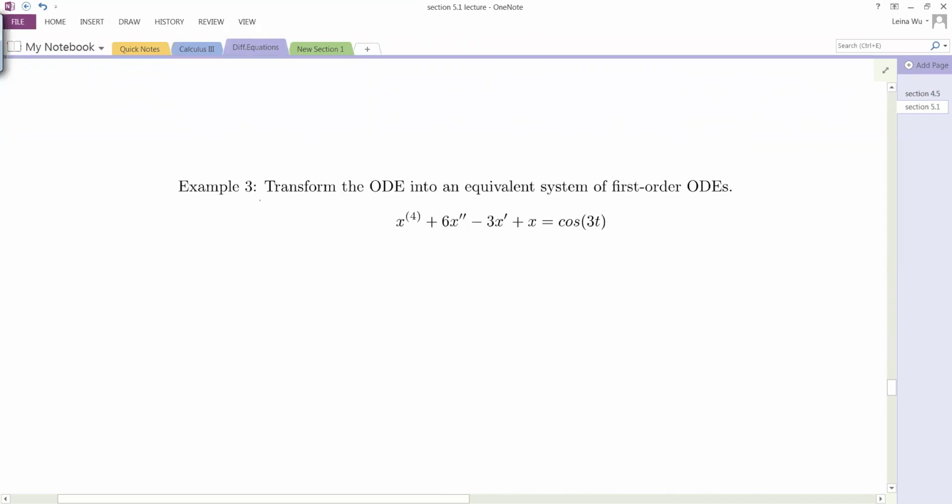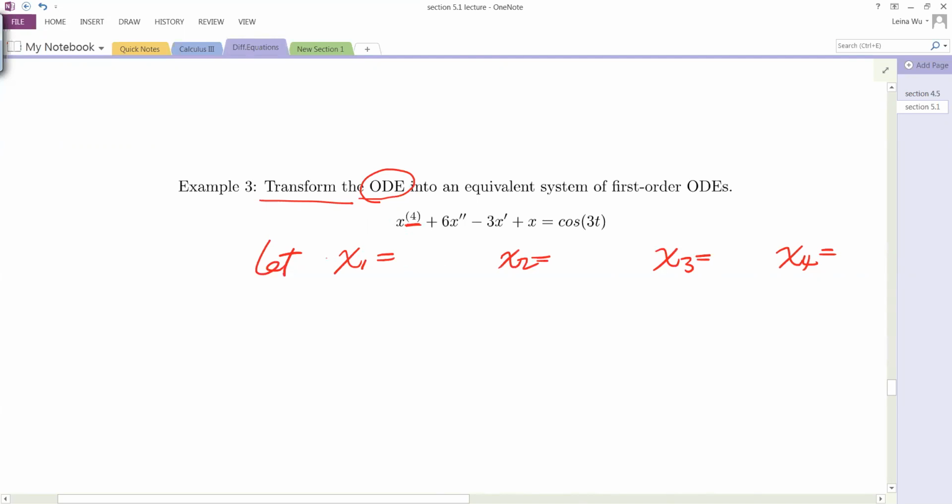So example 3, transform this ordinary differential equation into an equivalent system of first order ODEs. What is the highest order derivative? The highest is the 4th order derivative, right? So we should have x1, x2, x3, x4 to be generated.